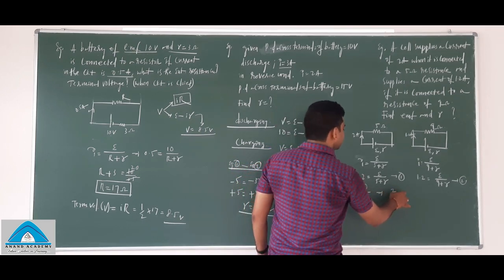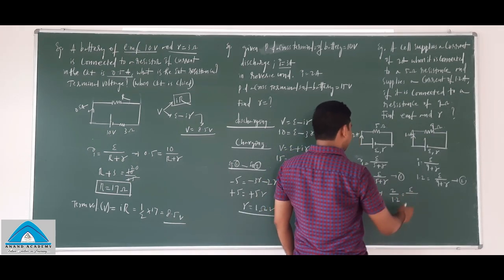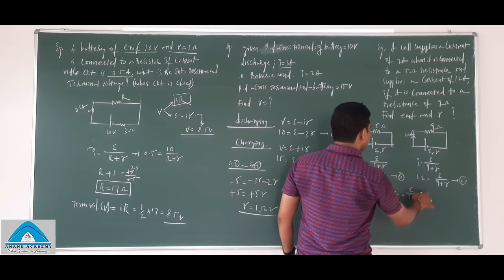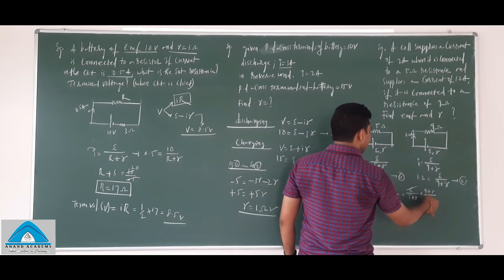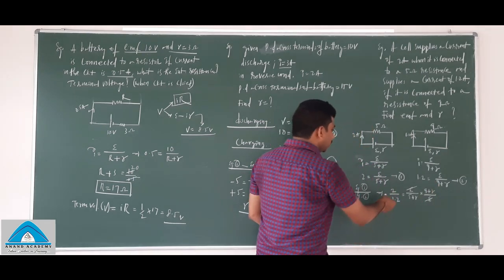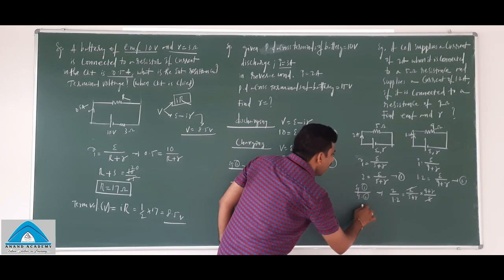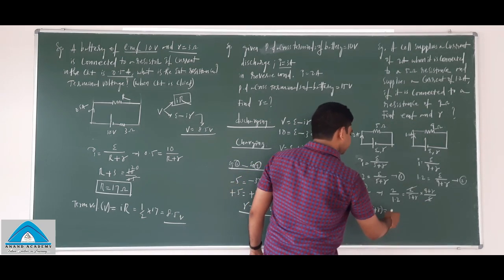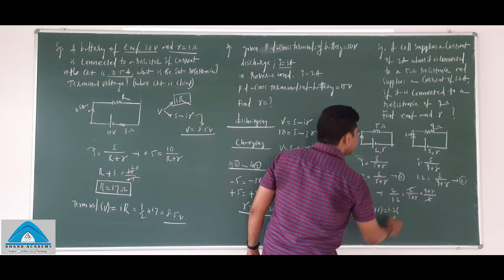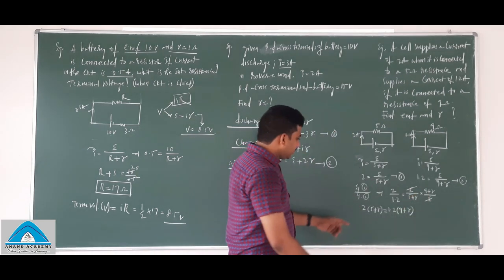So here it's 2 by 1.2, which is equal to epsilon by 5 plus r into 9 plus r by epsilon. So epsilon cancels here. So what you can write now? 2 into 5 plus r is equal to 1.2 into 9 plus r. Right?